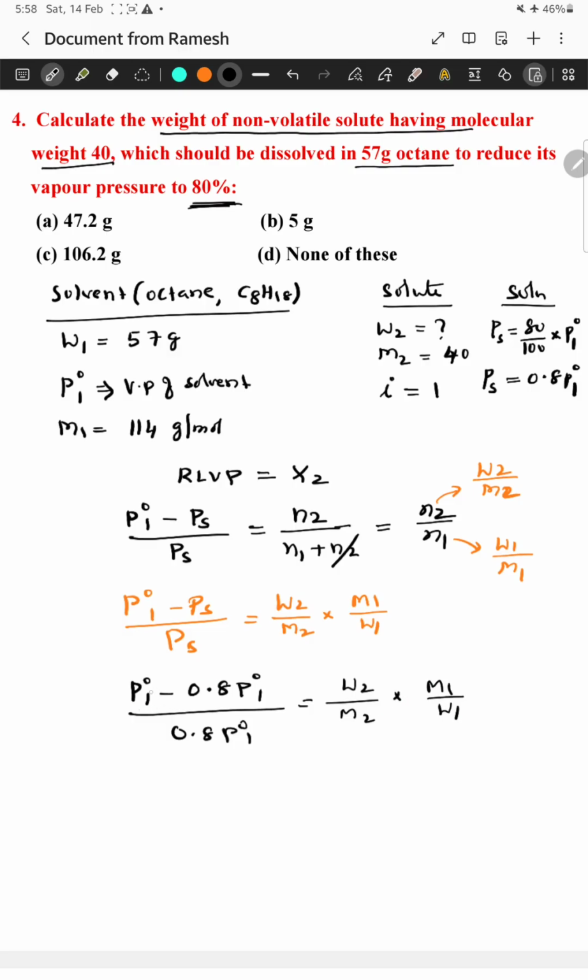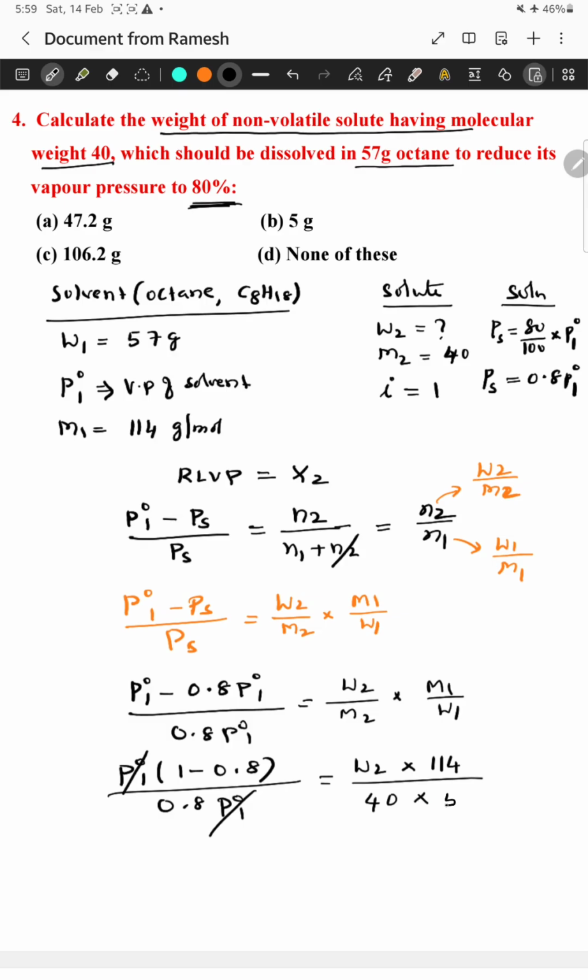Now in the numerator you take P01 as the common factor, so you get 1 minus 0.8 divided by 0.8 times P01. P01 cancels out. We have to find the mass of the solute, W2. M1, the molecular mass of the solvent, we have already calculated as 114, by the molar mass of solute, given as 40 in the problem, into W1, the mass of the solvent, 57.